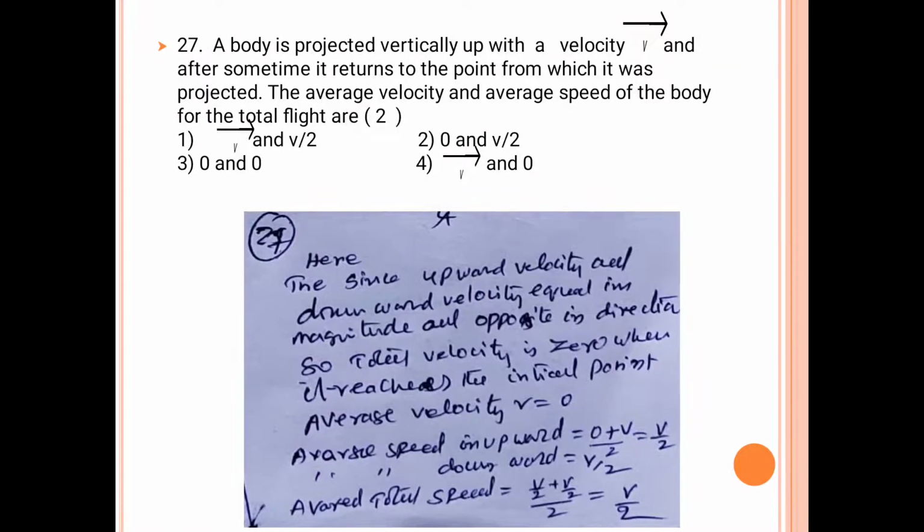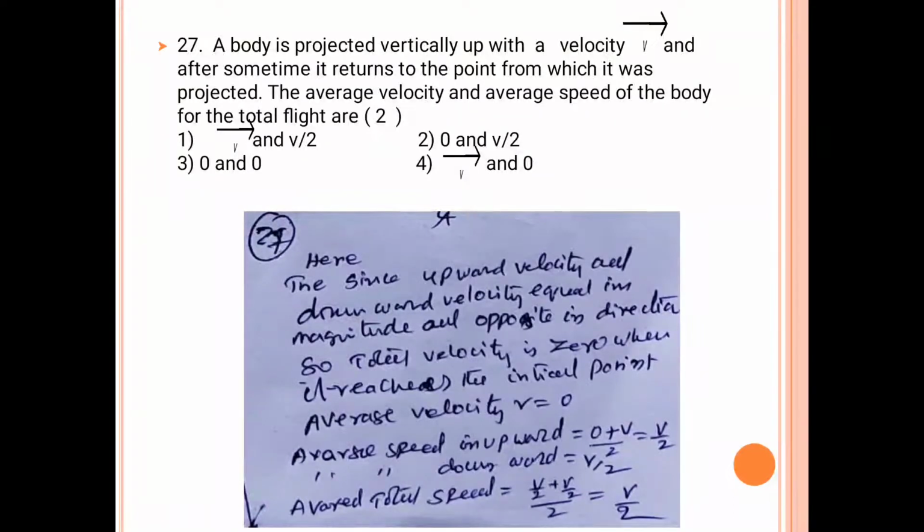But if you come to the speed, there is no direction taken into account. That's why, when it is going upward, the starting velocity is u and the final velocity is 0, so average velocity is u/2 in the upward direction.